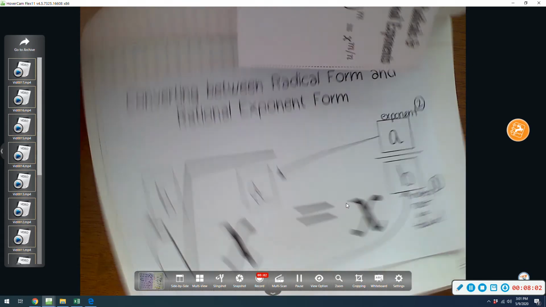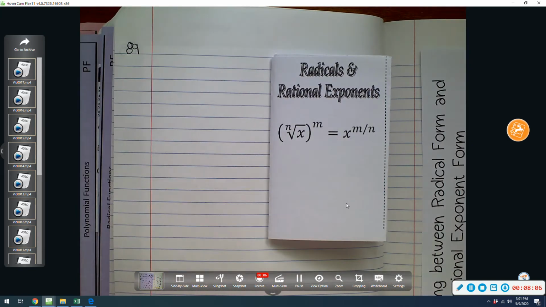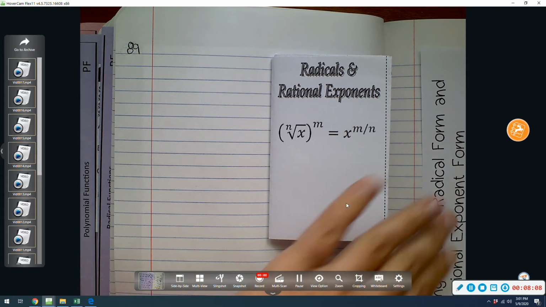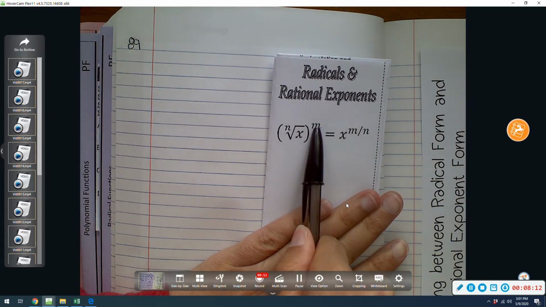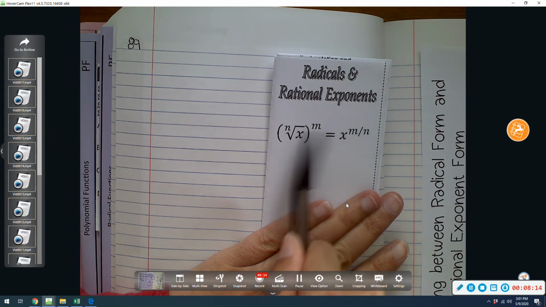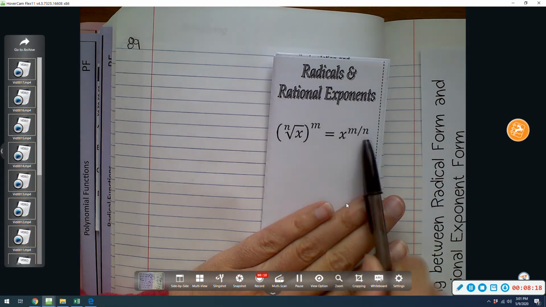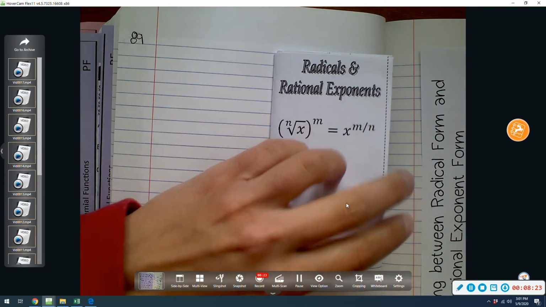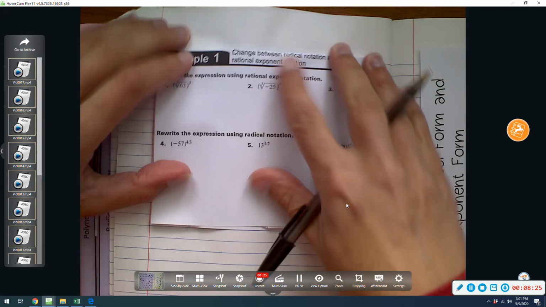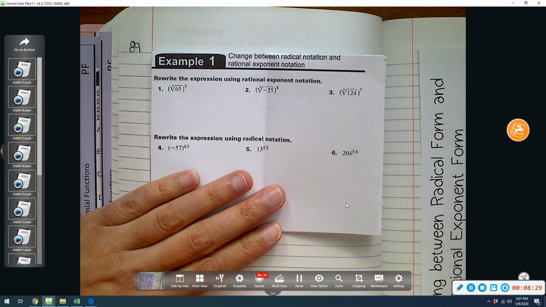Okay, so let's do some examples here. We have our little poof book that I put on 89. We can put more examples outside if we need to, but this is just that same shortcut I just showed you. Whatever your exponent is stays as your numerator, whatever your index is goes under and becomes your denominator, or vice versa. The denominator comes out, becomes your index. So some things that we want to do are just becoming comfortable with rewriting them.